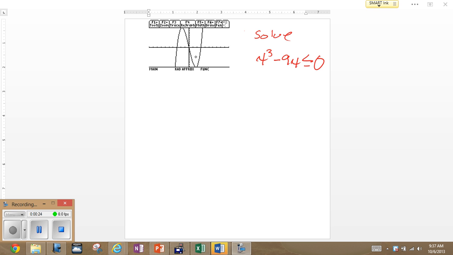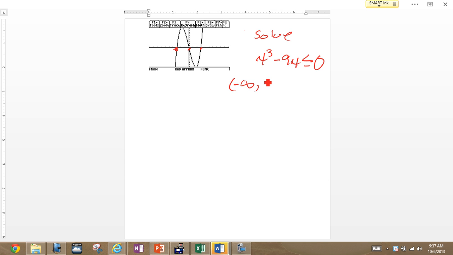We are given the graph, and from the graph we should be able to determine the solutions. We know it intersects at negative 3, 0, and 3. And the graph clearly shows that it's below the x-axis, which is when it's less than 0, in this interval from negative infinity up to negative 3, and it can include negative 3.